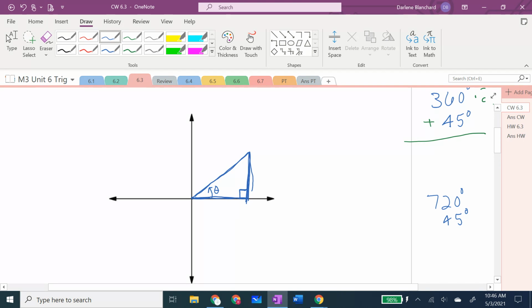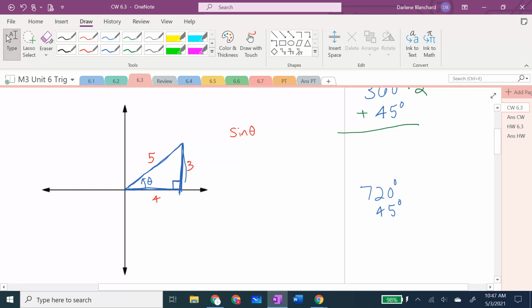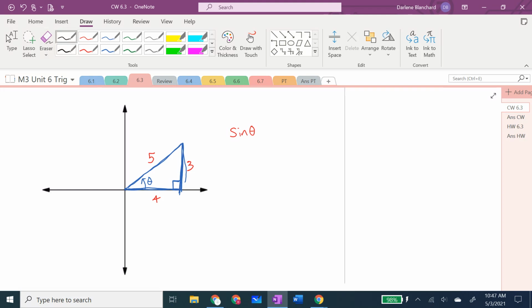And this is going to be easiest if I just say this is like a 3, 4, 5. Can you tell me the ratio for sine theta? What is the ratio for sine theta? Opposite over hypotenuse, right?